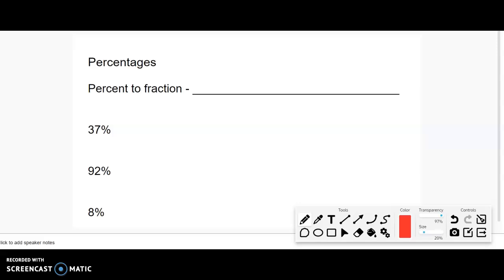All right, focusing on percentages for this lesson. The first one is percent to a fraction. So when you are doing that, remember, what does percent mean? It means out of 100. So just write it over 100.